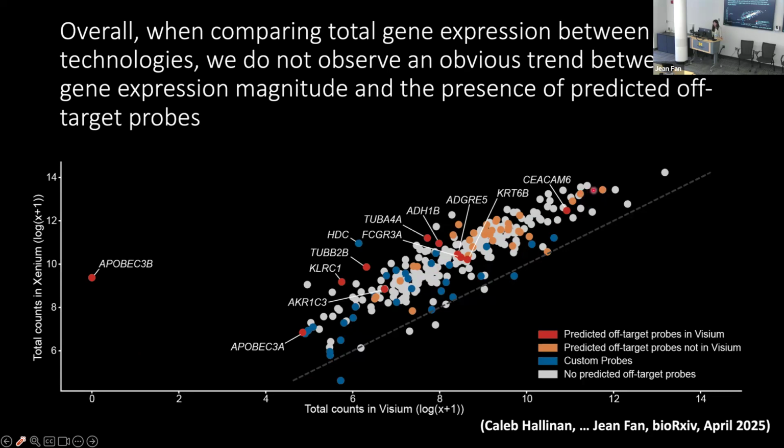Further, we don't really observe an obvious trend with the gene expression magnitude and the presence of off-target binding. It's not like the probes with off-target binding are consistently way higher in the Xenium than the Visium. So it's definitely not obvious, and this is in part because a lot of times the off-target genes are not really expressed in the tissue.